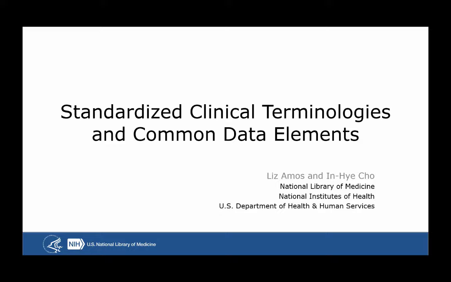That's the space that the CDE repository lives in, this innermost circle, if you will: the variables and the different case report forms or instruments that help describe these different data sets.